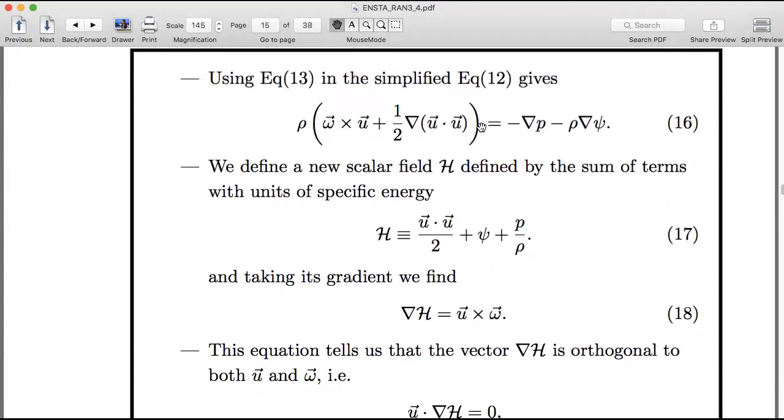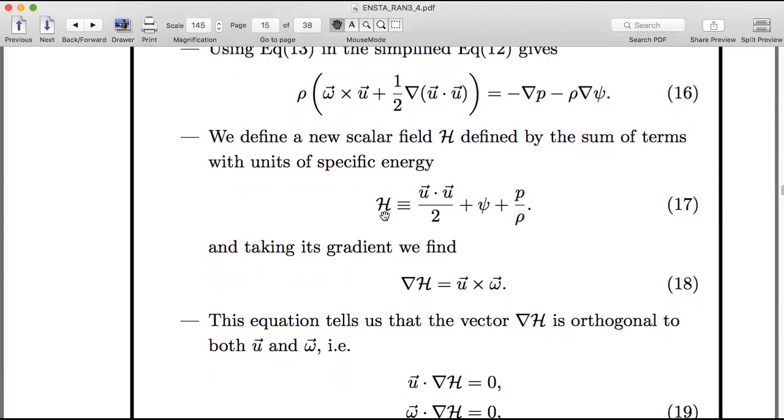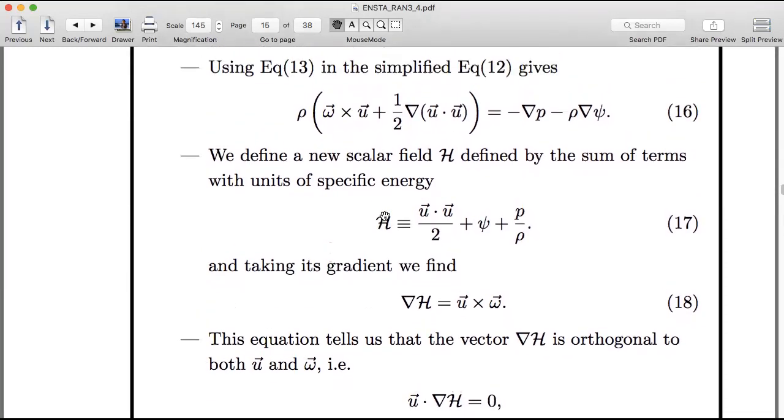Anyways, it's useful to rewrite this. We started with the Navier-Stokes equations, made a bunch of approximations, and then we replaced the advection term with this thing. Now we can make some observations which will turn out to be useful.